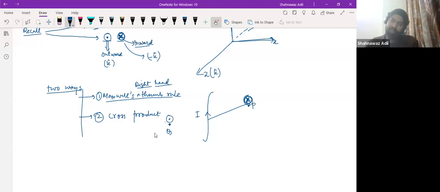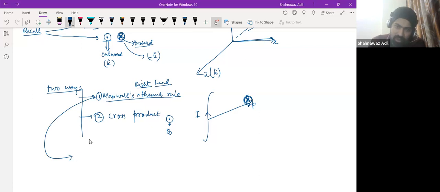We curl our finger, so that is out. So this would be dot, right? So this is how, from Maxwell's right hand thumb rule, we get the direction of the magnetic field.